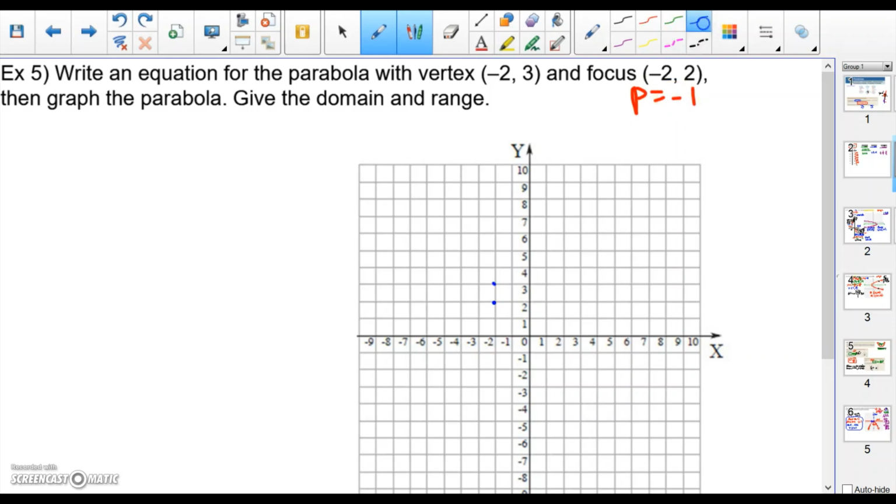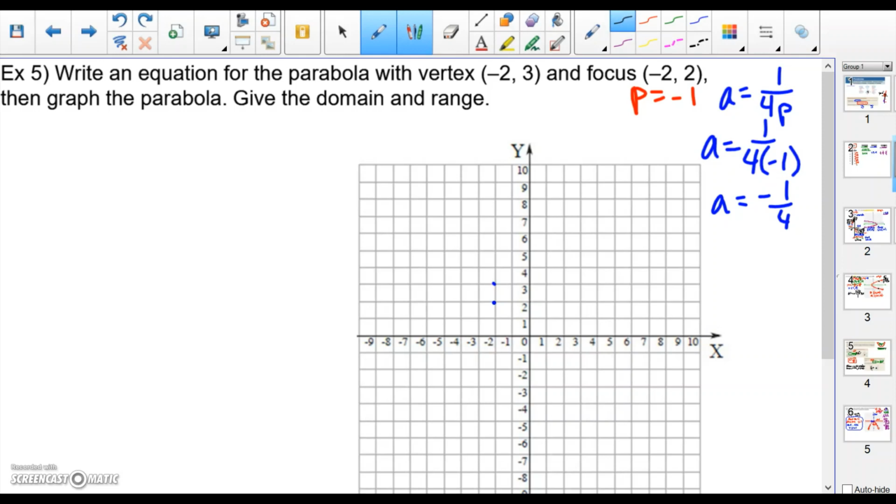And we've got our equations still. A equals 1 over 4p. So if you substitute in that -1, a is going to equal 1 over 4 times -1, or a is going to equal -1/4. That a value is really important because that's our coefficient. So we're trying to write an equation. We can do that equation pretty quickly.